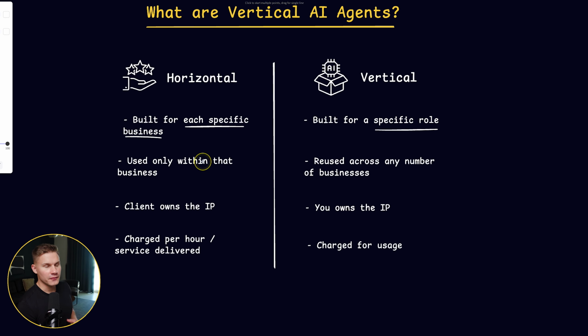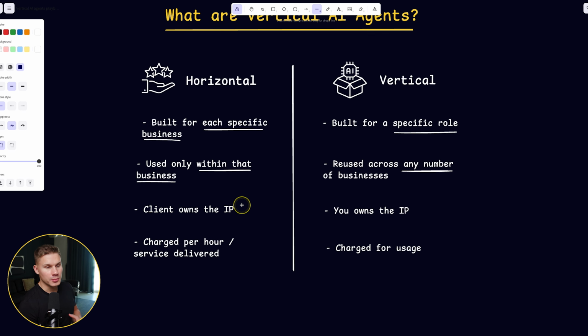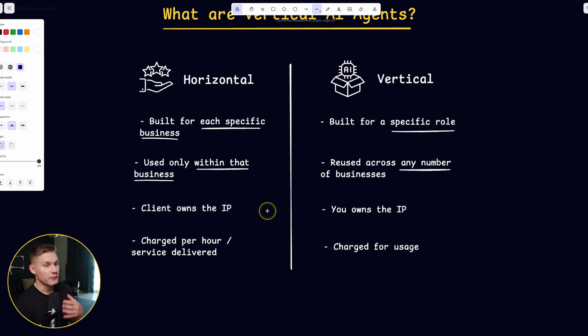So this means that vertical AI agents can be reused across any number of businesses, while horizontal agents are only used within that business. And what it comes down to on a more technical level is that with vertical AI agents, you own the IP and you charge your clients for usage, while with horizontal AI agents, the client owns the IP and you charge per hour or for a service delivered.